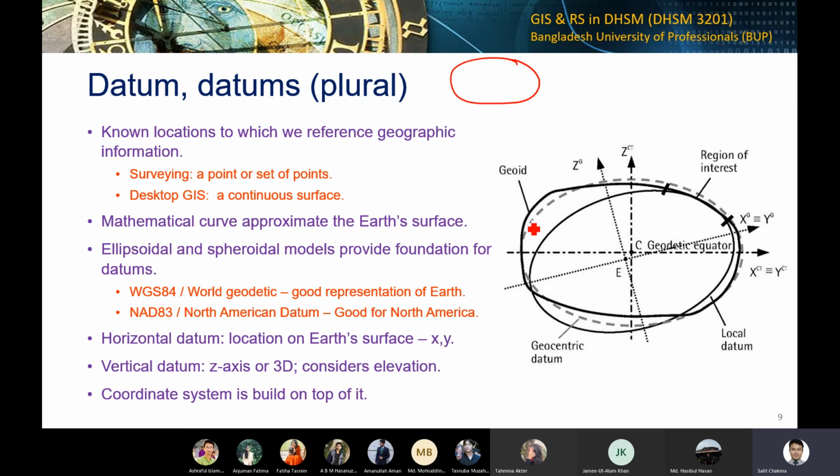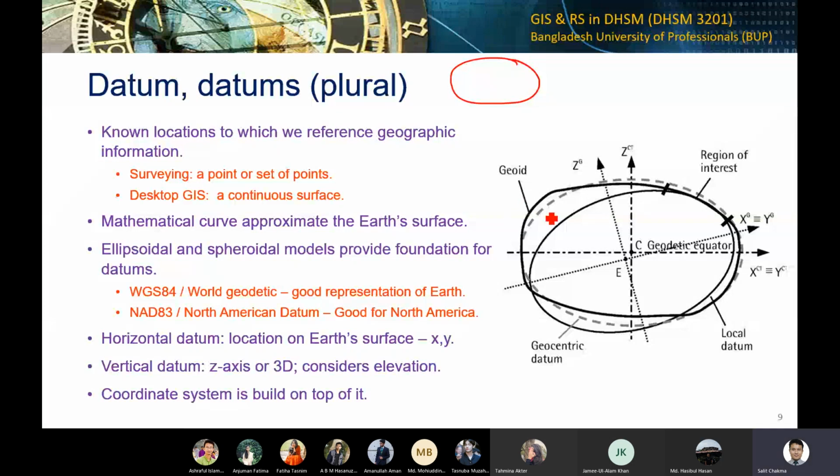And for this geoid, we have one spheroid, which is identified by these gray dotted lines, or striped lines, we could say. So now this spheroid tries to fit the geoid as much as possible. Okay, and there are also different surfaces and so on.